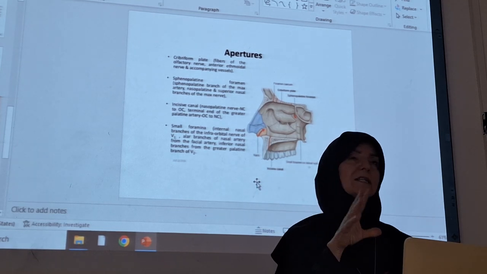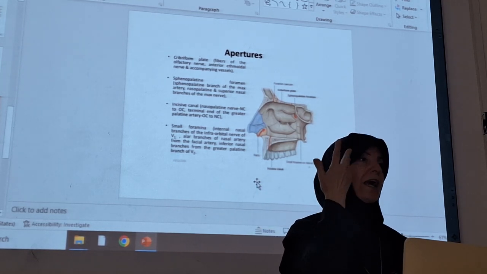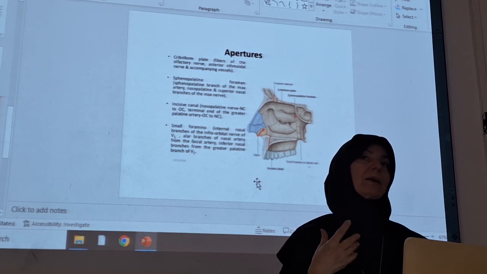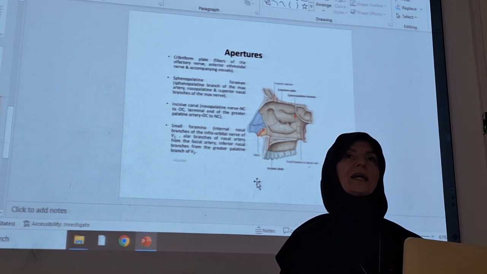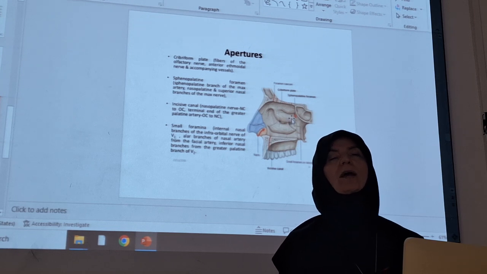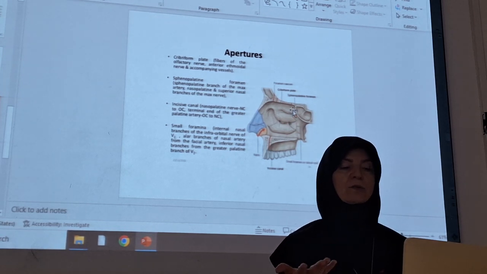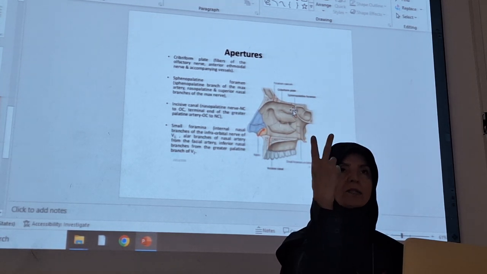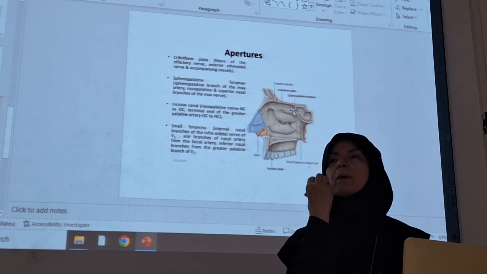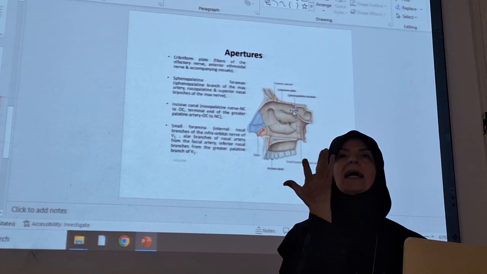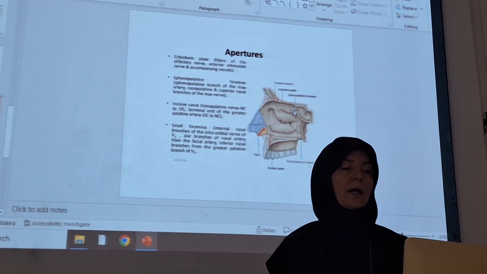I know that it is difficult to get everything in your mind tonight, but please listen to all the things that I explained for you. It helps you that today, 2 times, you read all of the anatomy about the nasal cavity. It helps you to get it in your mind.